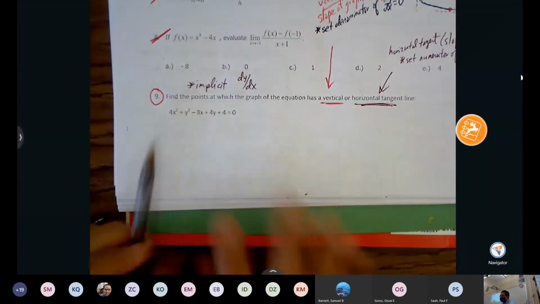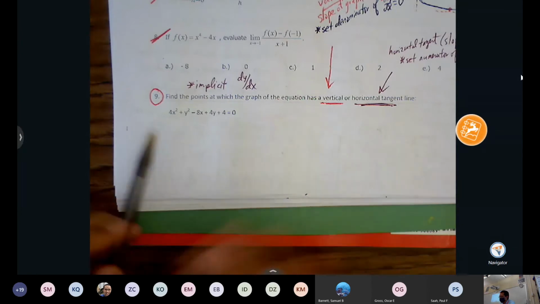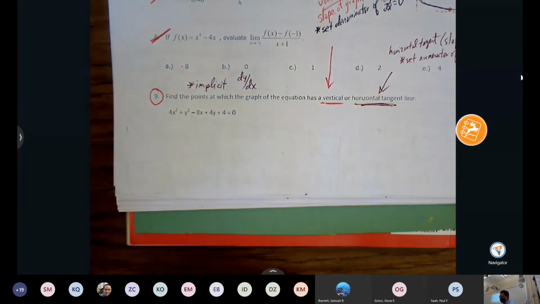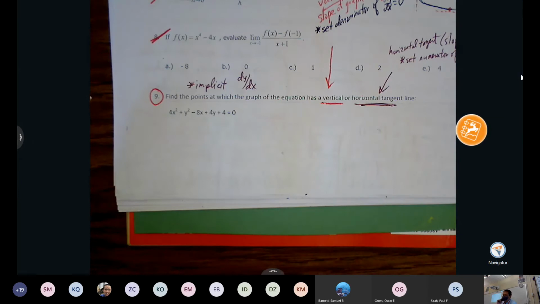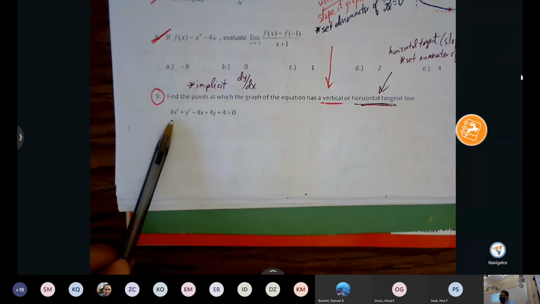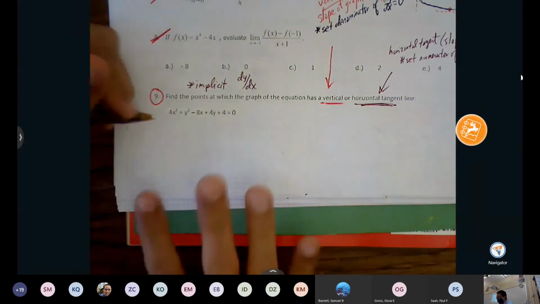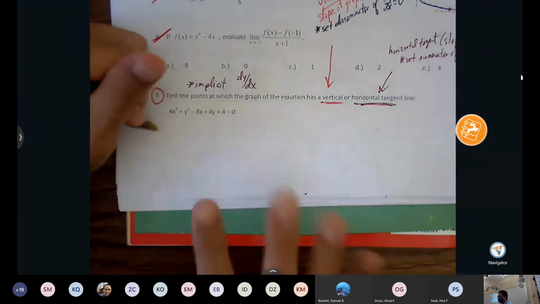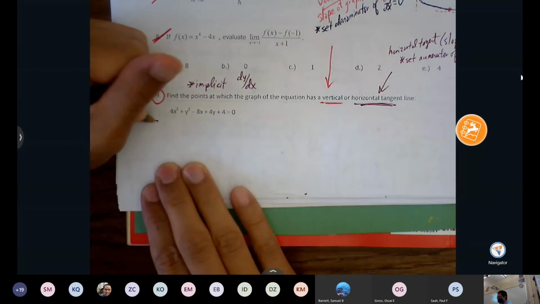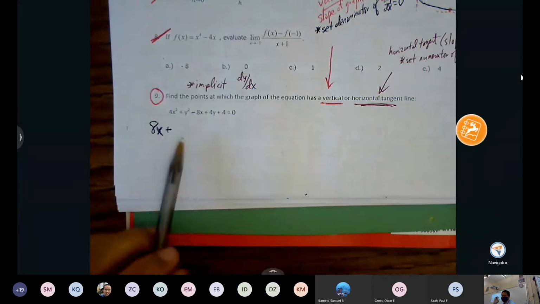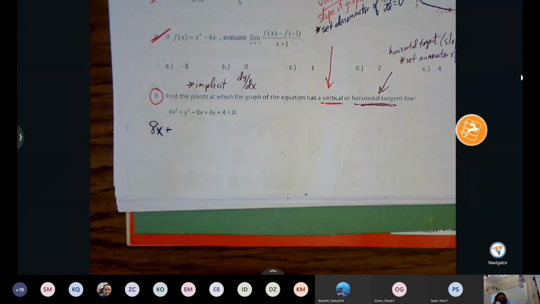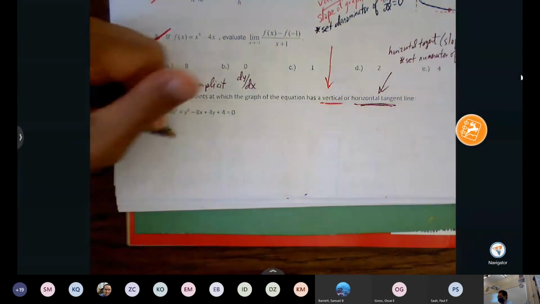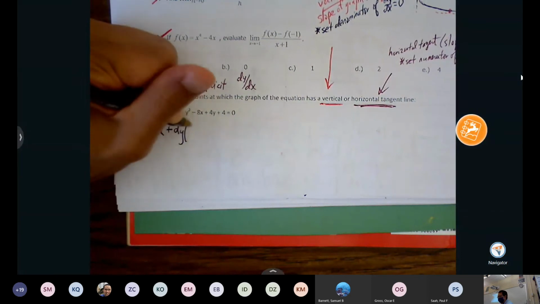Okay, so let's begin our derivative process here. Every term, I think, is just power rule, right? We don't have any messy rules to deal with. No product, no quotient. So let's go through each term at a time. What does 4x squared turn into? Well, just 8x, right? And with implicit, we don't do anything additional with x's. It's just the y's. Okay, y squared becomes? Yep, 2y dy dx.